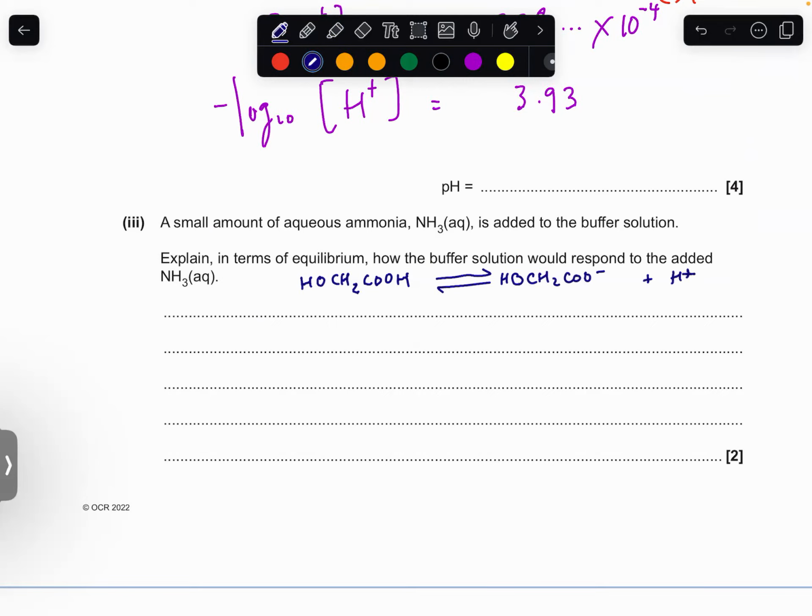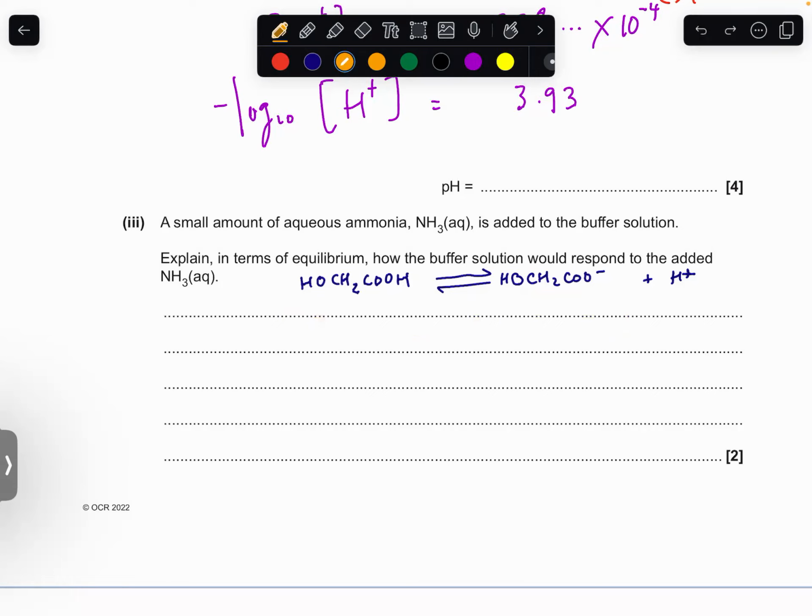In a buffer solution, you've got a large reservoir of the weak acid, a large reservoir of the salt, and a tiny bit of H plus ions. What keeps the pH of the solution somewhat stable is this large reservoir of the weak acid and its conjugate base.